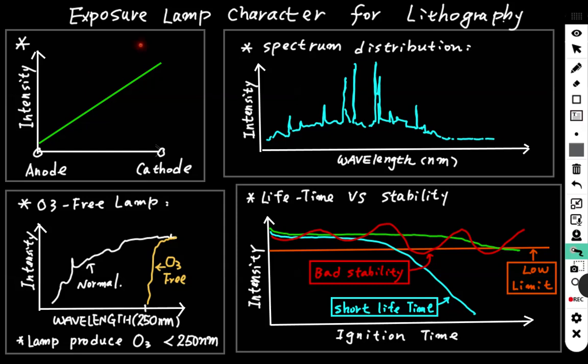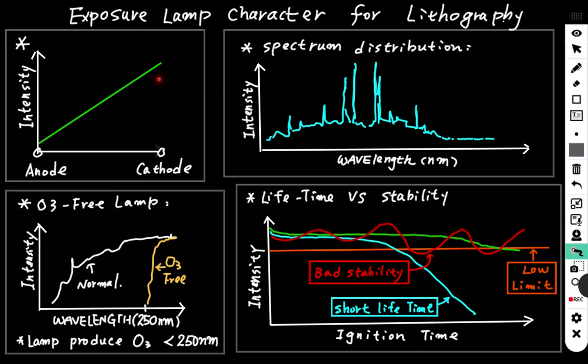This is the highest intensity point. So we can see the cathode releases electrons, and it is the brightest, strongest intensity point.